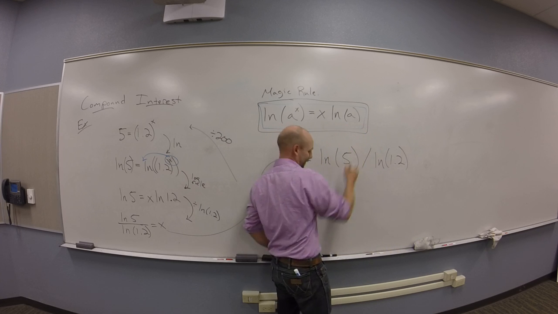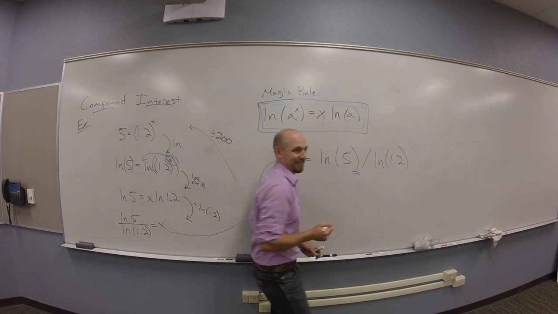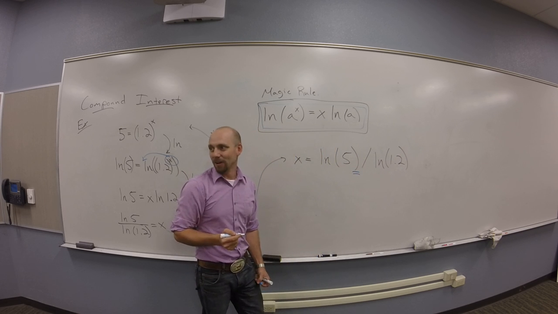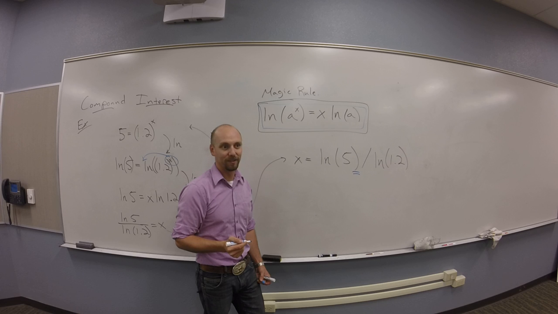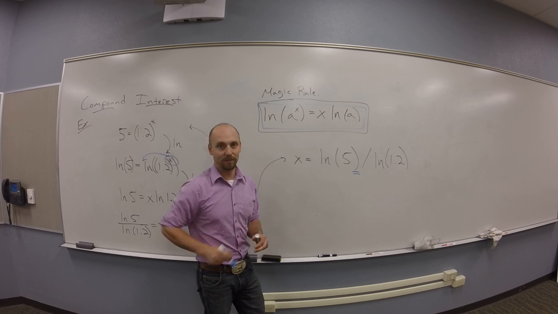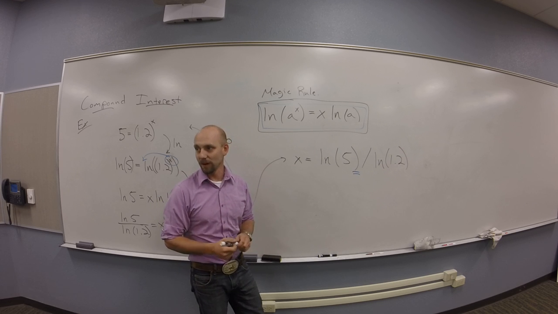If you forget the crucial closing parenthesis, it will divide the 5 by the log of 1.2 and then take the log of the whole thing, which is a totally different thing. You guys cool with that? So just be careful, make sure you're closing parentheses as you go.